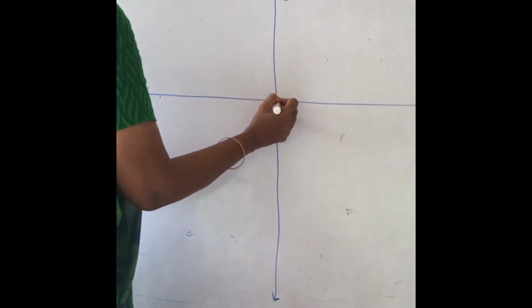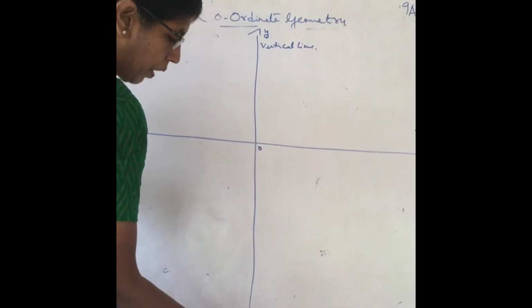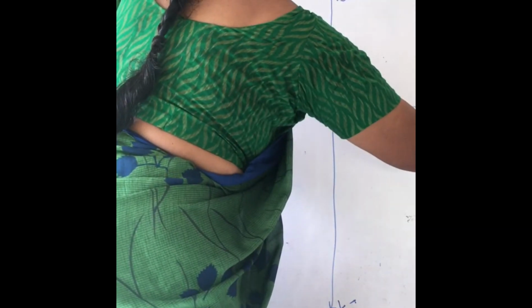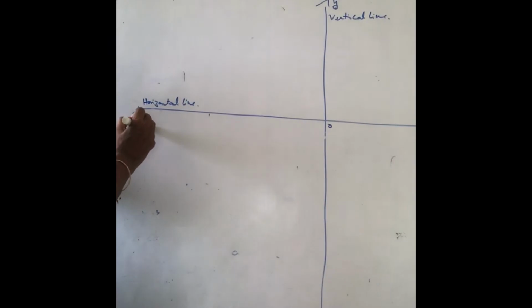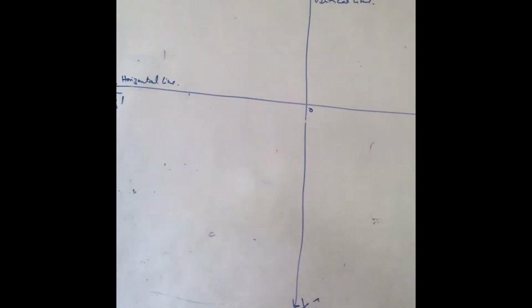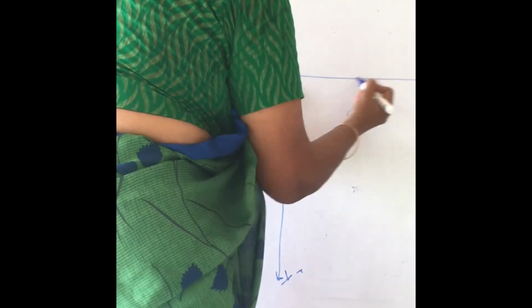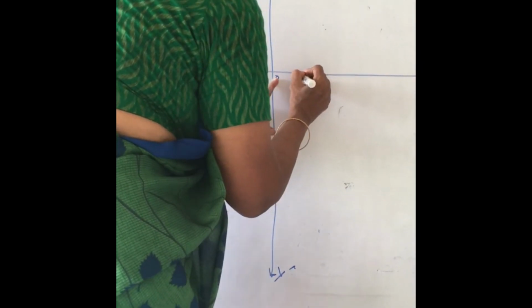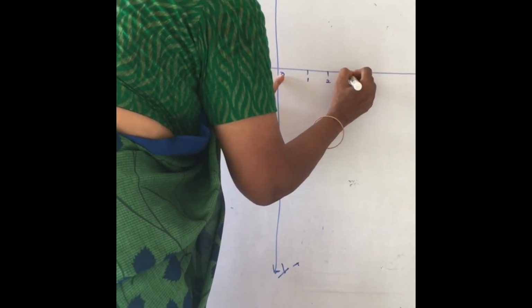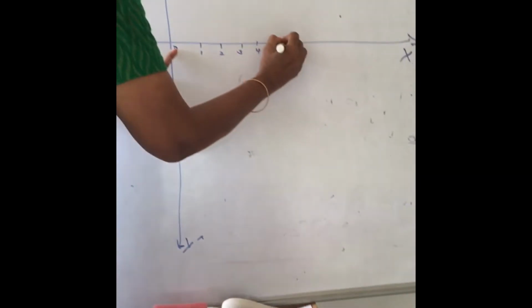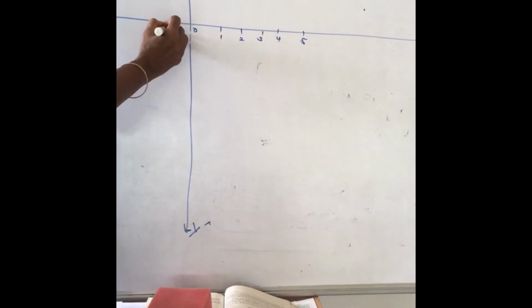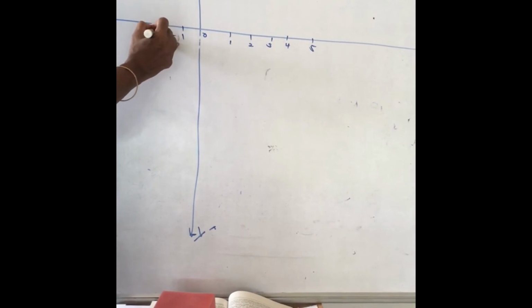Y, O, Y dash, X, O, X dash. I think you know the meaning of the word X dash. To the right of 0, X is always positive. And to the left of 0, X is negative.